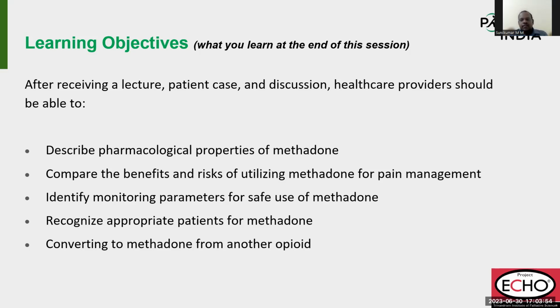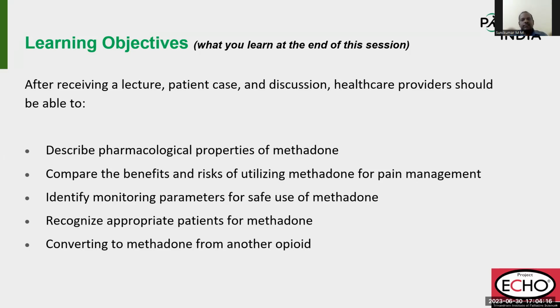And another important factor is that we should clearly identify a subset of patients who would be benefited with methadone. So the appropriate candidates, and at last we will see how we can convert an opioid to methadone.